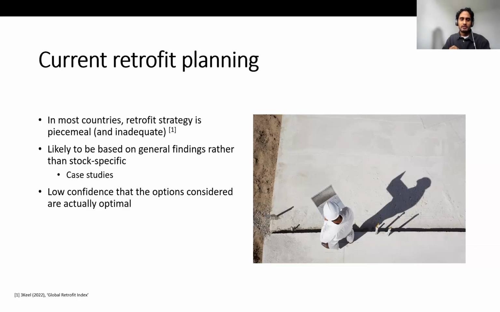But these findings are quite difficult to generalize because there are physical building characteristics, as well as how the buildings are used and the system interactions, meaning that what works for one building may not necessarily be as effective when applied to another. And even if the findings from a case study could be useful to develop the strategy for one building, it's much more difficult when you consider that these parties have a very large and varied stock to deal with.